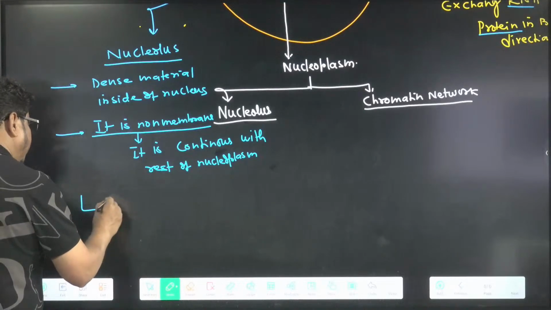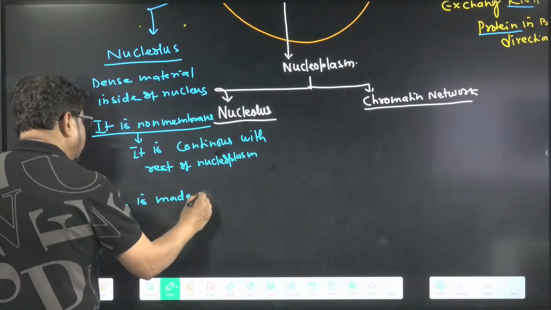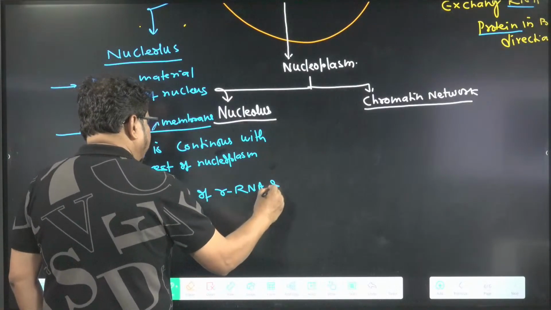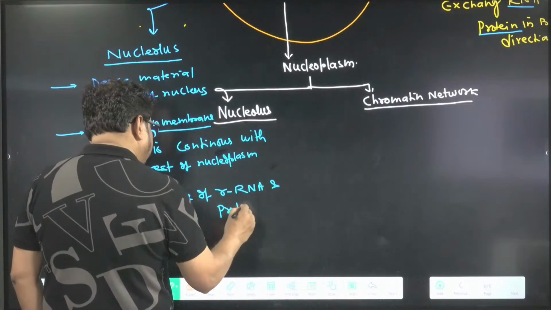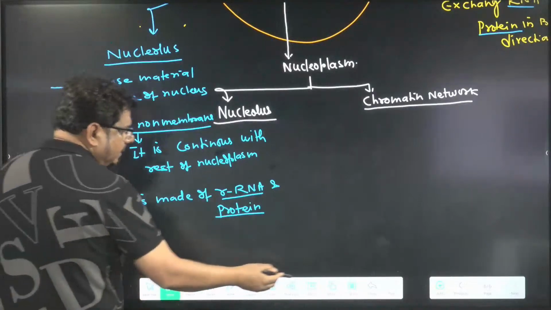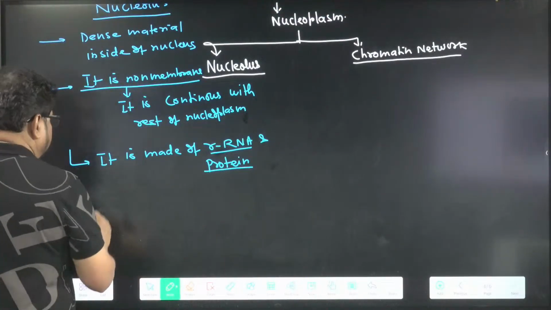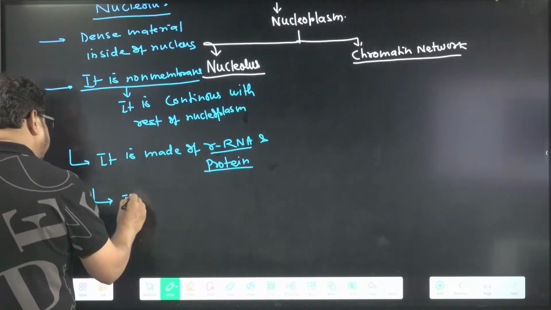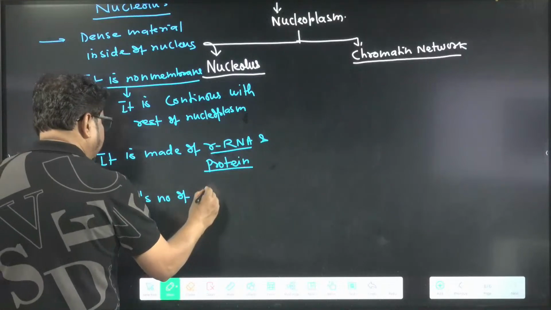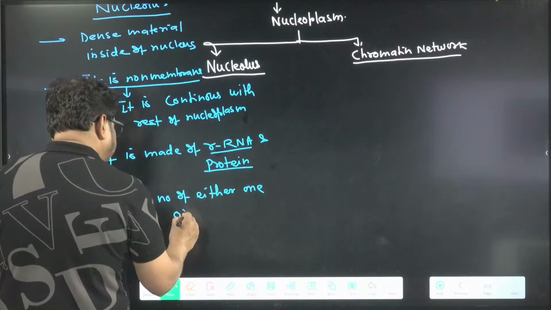Nucleolus is made up of ribosomal RNA and protein. Who is made up of ribosomal RNA and protein? Nucleolus. If you talk about nucleolus, its number is either 1 or more than 1.